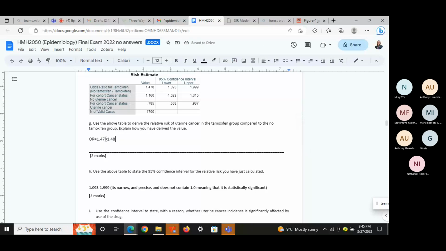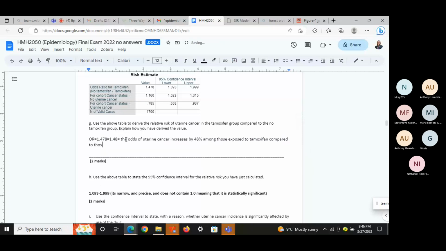So 1.478 is almost the same as 1.48. So that means that, this is how to write it, the odds of uterine cancer increases by 48% among those exposed to tamoxifen compared to those not exposed to tamoxifen.